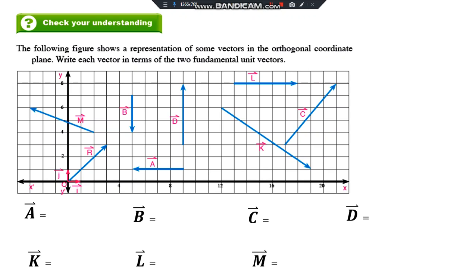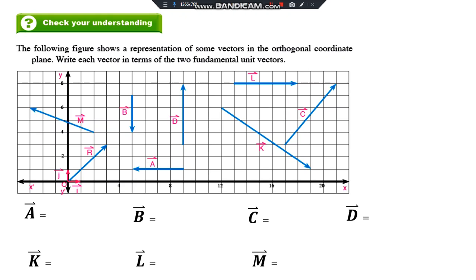And we have an important example. The following figures show representations of some vectors in the orthogonal coordinate plane. Write each vector in terms of the two fundamental unit vectors, which means i and j.